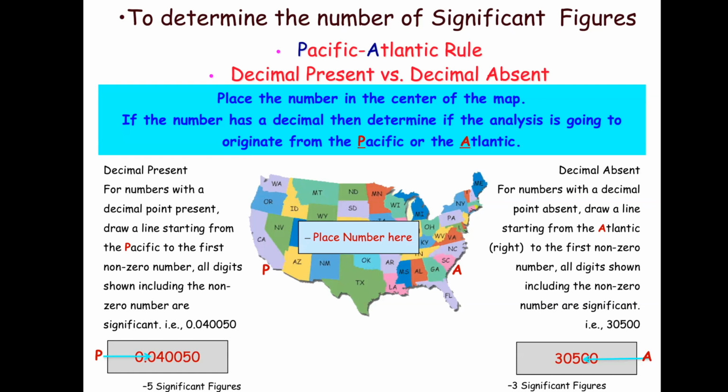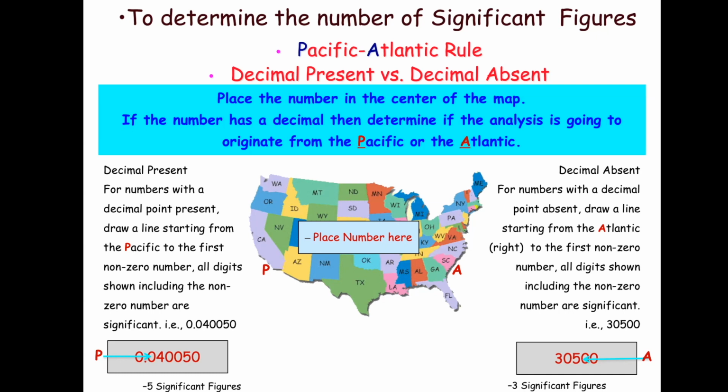When you have a number like that, what you do is you put it on a map of the United States. And why is this map of the United States important? Because the more weird the example, the better you guys remember it. I remember when I was in grad school, I came across this article and it made sense. So I've been teaching significant figures with this in mind ever since.